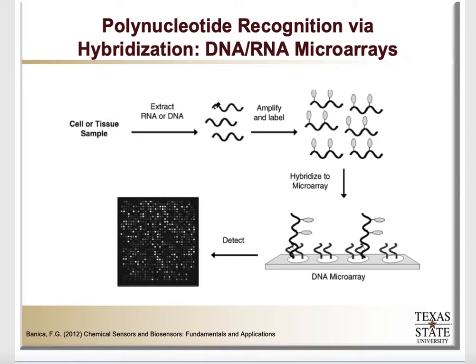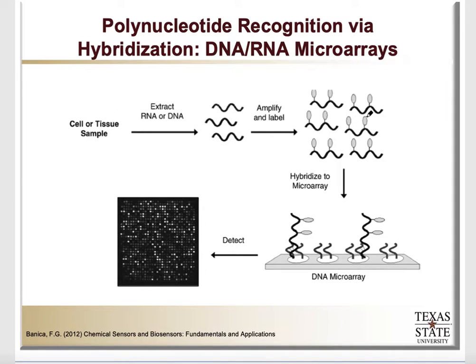No sequence specificity yet. You then amplify it so that you have more quantity of it, and you label it typically with a fluorescent molecule. But right now what you have is still a mixture of all of the DNA or RNA sequences found in your original cell or tissue, and they're all labeled with the same fluorophore.